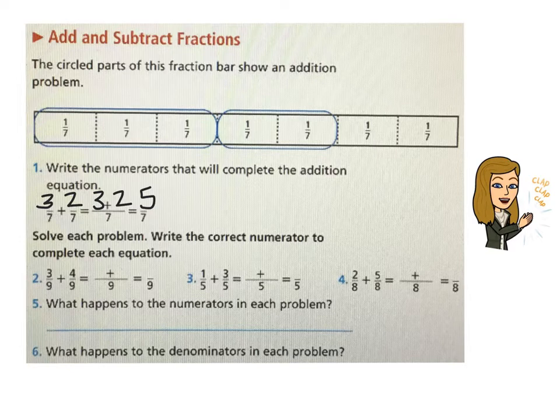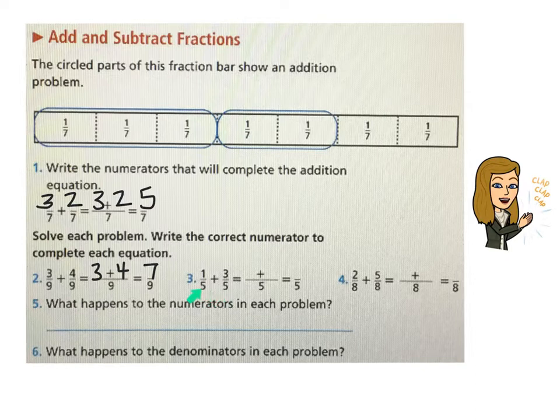So same thing, let's say the chocolate bar was split into ninths. 3/9 plus 4/9. So you're taking 3 plus 4 pieces. That would be 7 total pieces out of the 9 that were split in the chocolate bar. So 7/9. Then let's say we have another chocolate bar here. 1/5 of that bar plus 3/5.